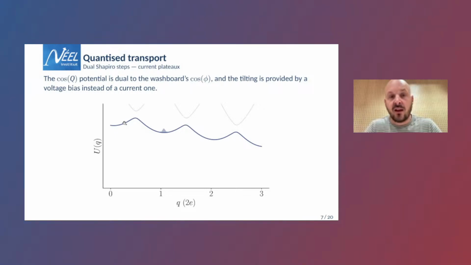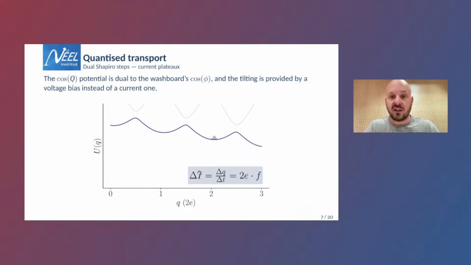So again, now you want a voltage bias, and you have this potential. Here, I'm also keeping the second band. And then similarly to before, if you add an AC voltage, you might be able to transfer a charge per unit time.